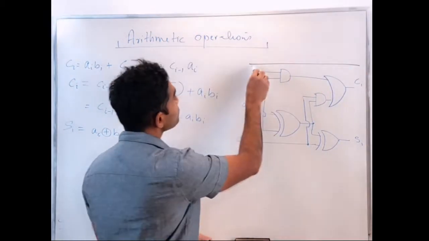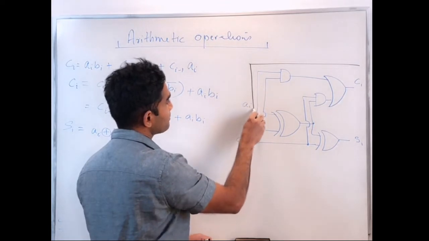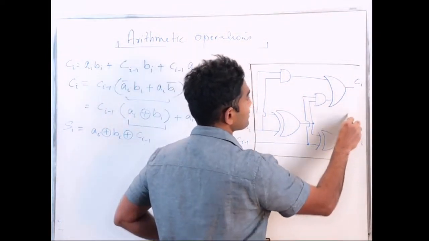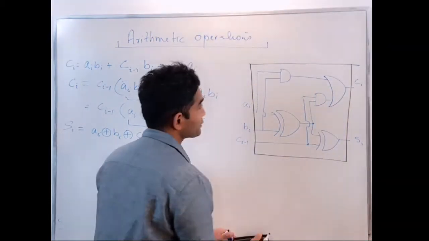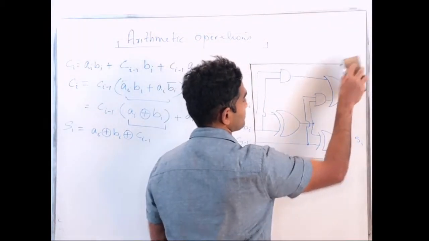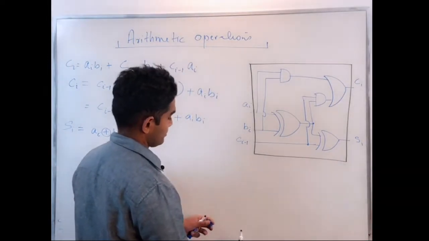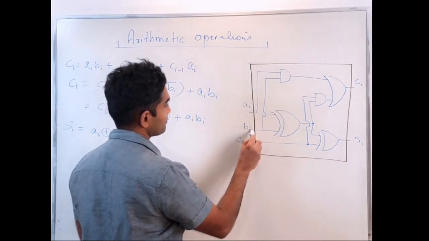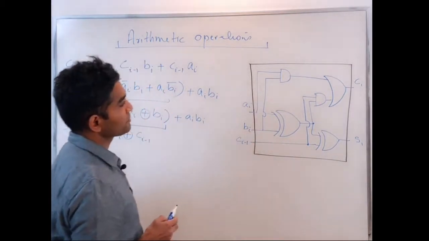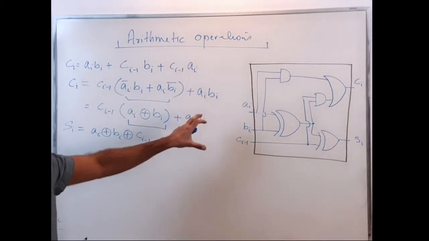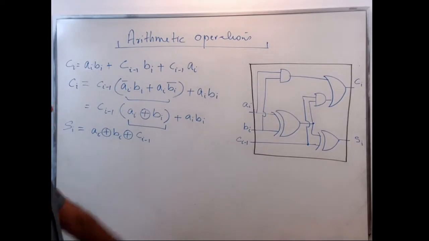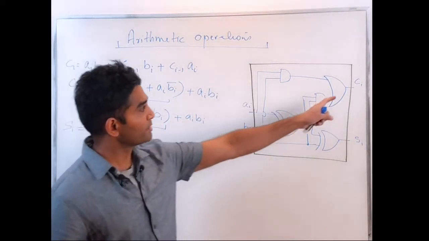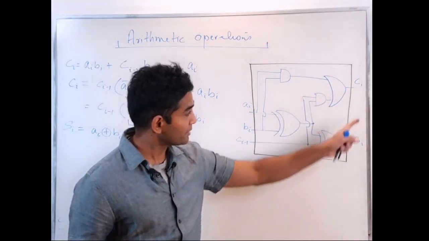So now I have come up with a circuit that can perform that intermediate addition operation, with Ai, Bi, Ci minus 1 inputs. And that's what is inside that full adder module. I can take 2 bits, add them along with the previous carry to give me the next carry out, and so on.